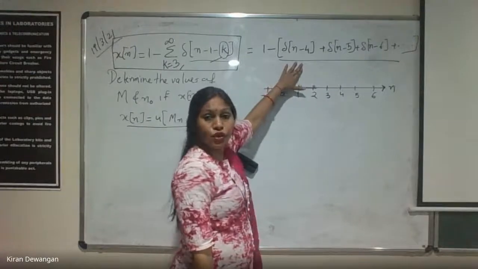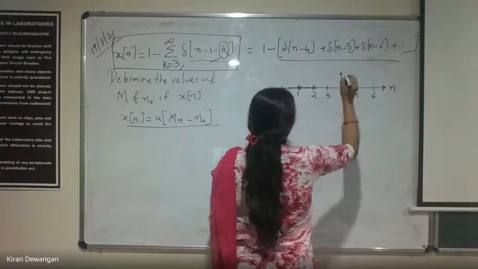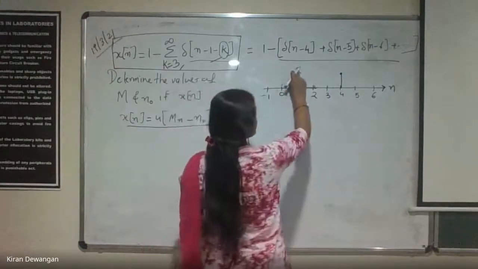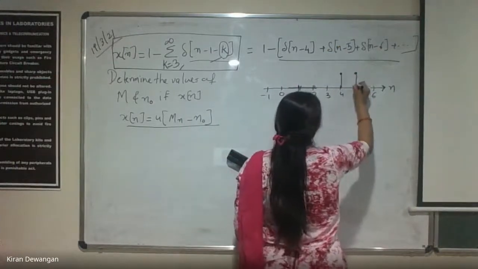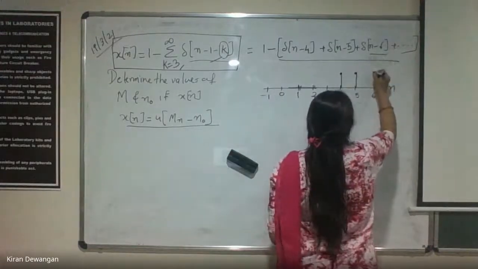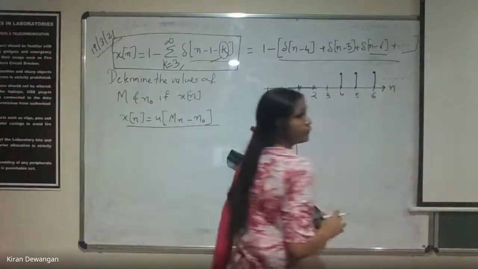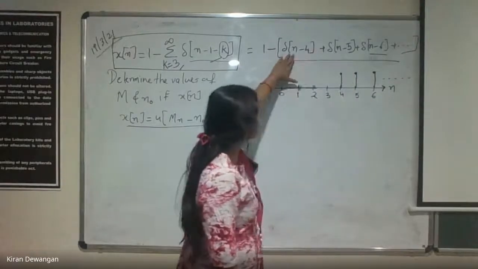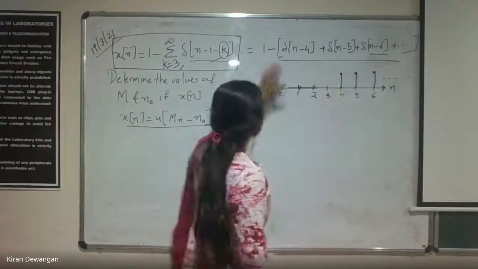Delta n minus 4 will have the value at n equals to 4. Correct? Now if we add delta n minus 5, this will have the value at n equals to 5. This will have the value at n equals to 6, and it will continue. So this is our summation: delta n minus 4, delta n minus 5, delta n minus 6. Correct? But it is not like that.